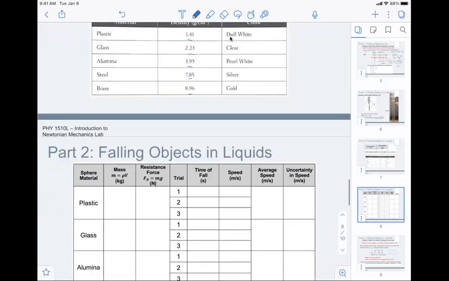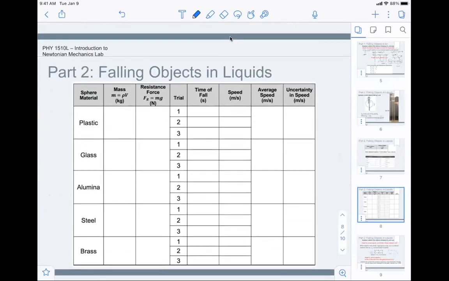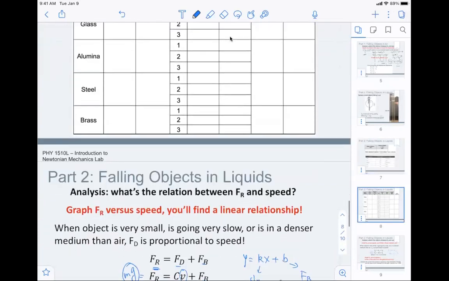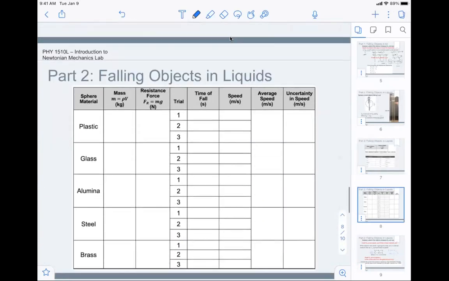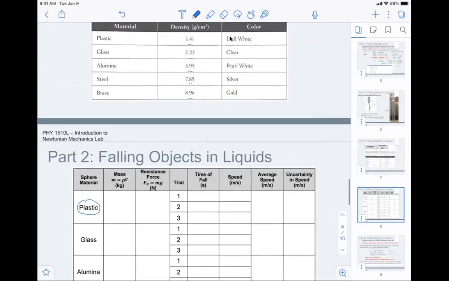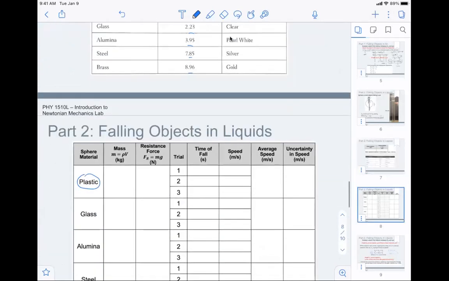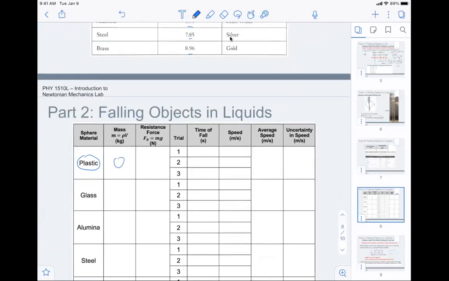How we are going to measure them in our lab is just as we did last time. For F of R, the total resistance is equal to the weight of these different objects, right? For the plastic, it would be the density of the plastic multiplied by the volume of the plastic, and you multiply that by g to get your resistance force.